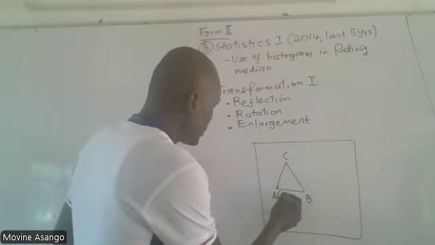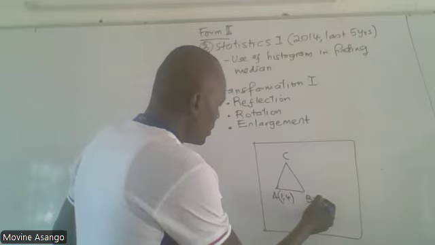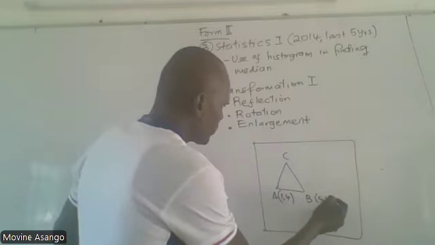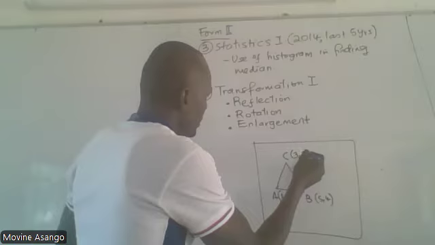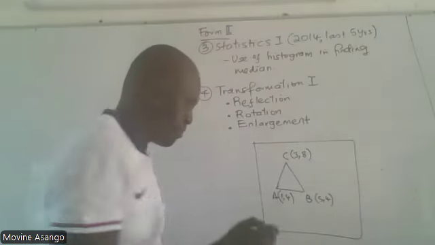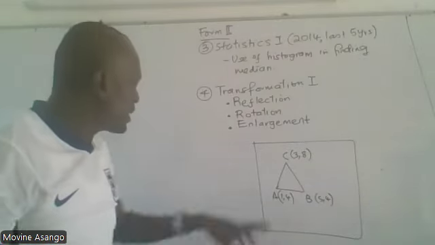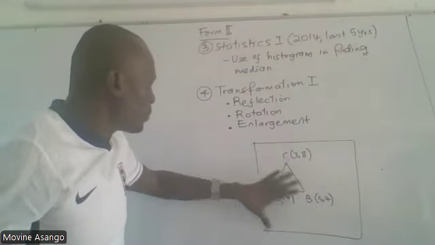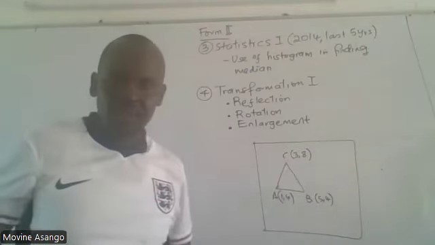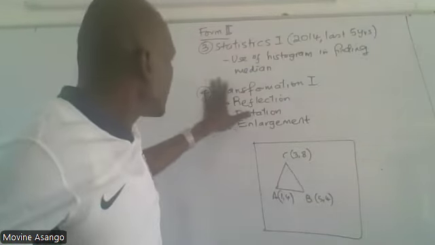A, for example, is 1, 4. B, for example, is 5, 4. C, for example, is 3, 8. You state it on the diagram. So you state the object, the vertices, and the coordinates of the vertices also, you state there clearly on it. That is about transformation.